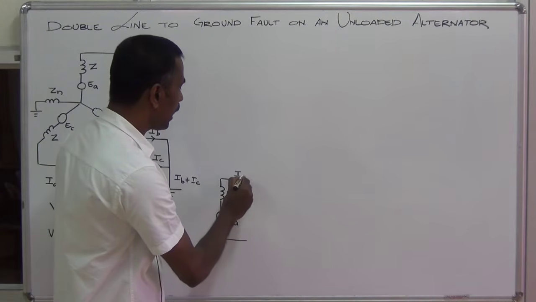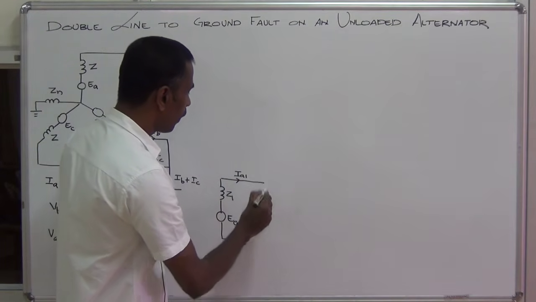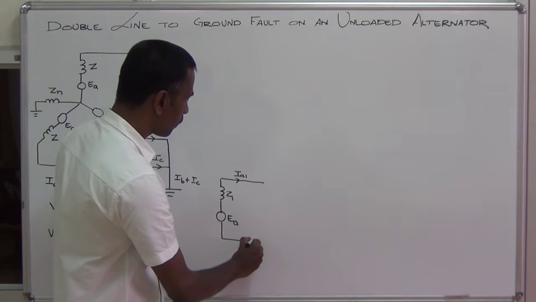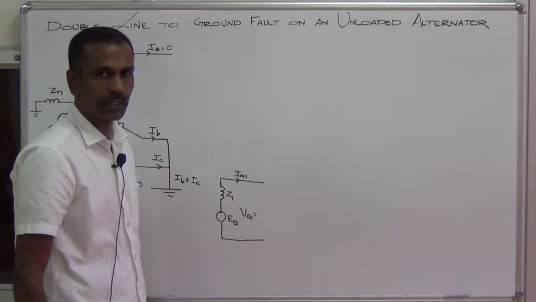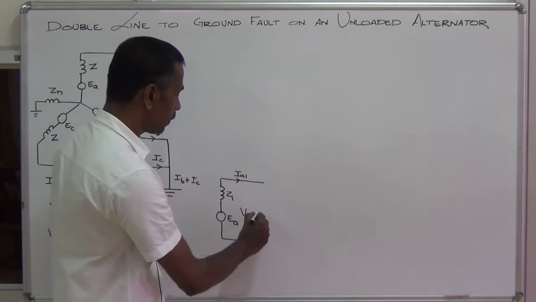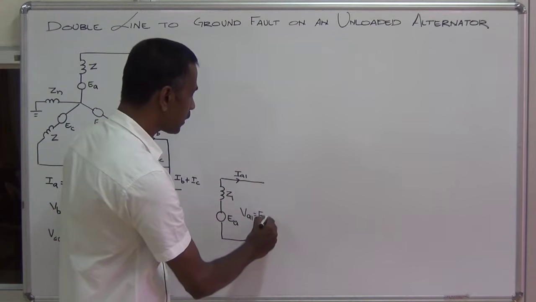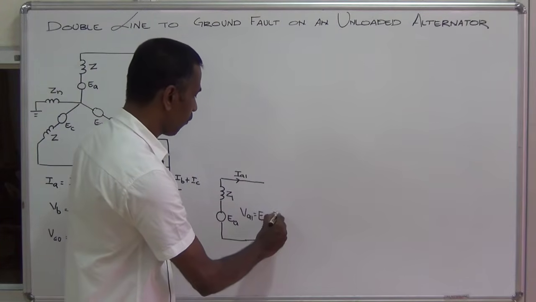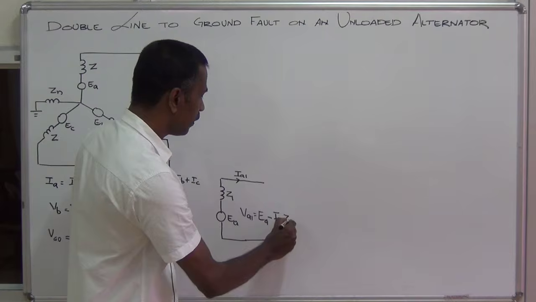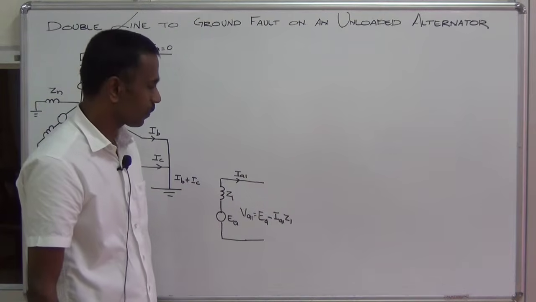This current is IA1, the positive sequence current. Here the positive sequence voltage equals EA minus the drop in this impedance. It is IA1 into Z1.